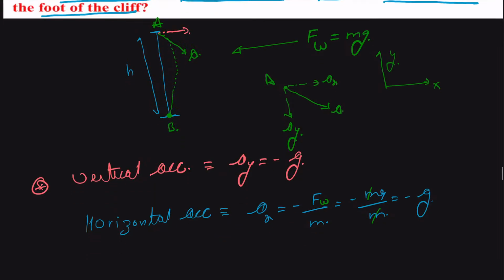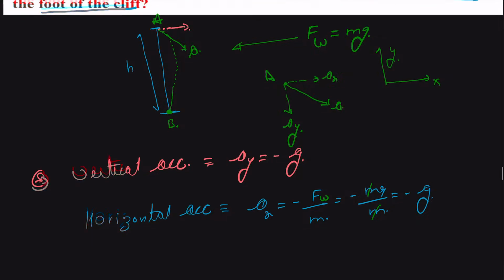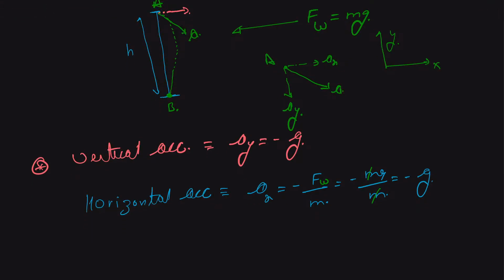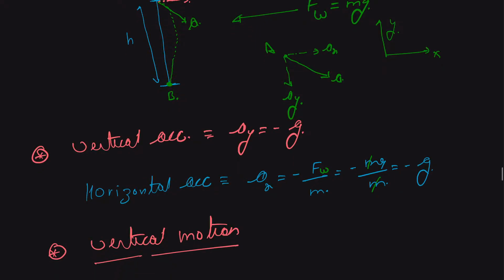And now let us consider the vertical motion. For vertical motion we can write the equation as y of t is equal to h minus 1 by 2 g t squared.